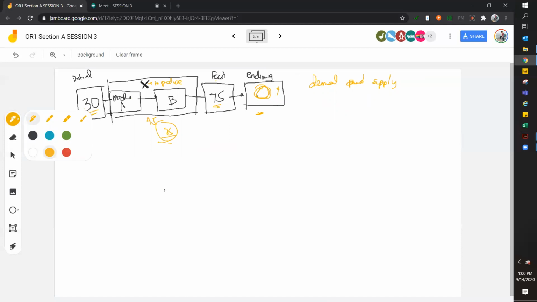So similarly is our flow for product Y. Now, how do we represent it? Let's put here: ending inventory is equal to 30 plus X, where X is produced, minus 75.